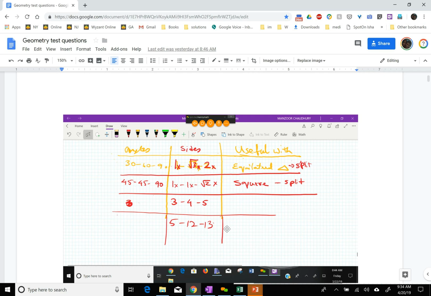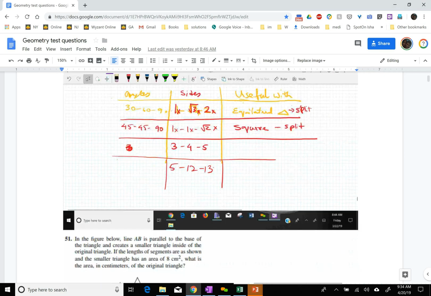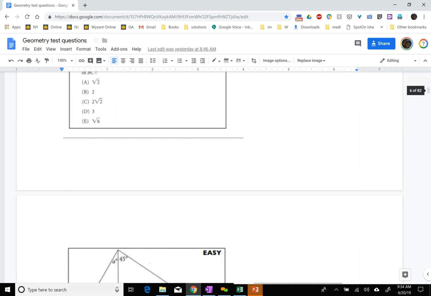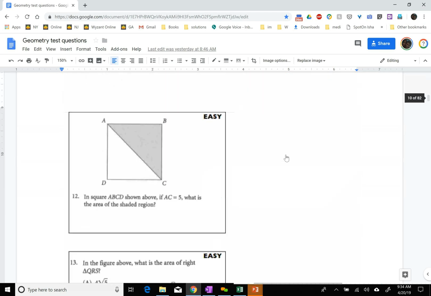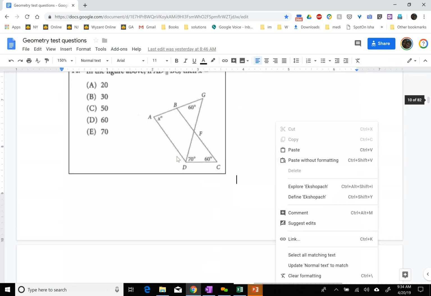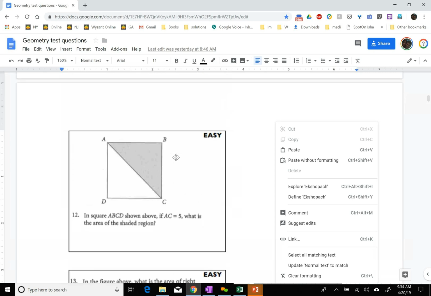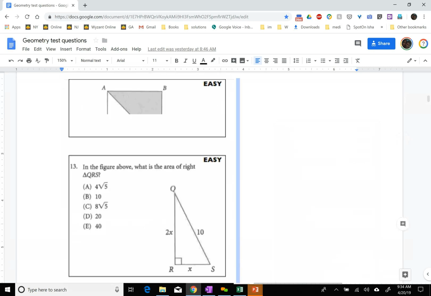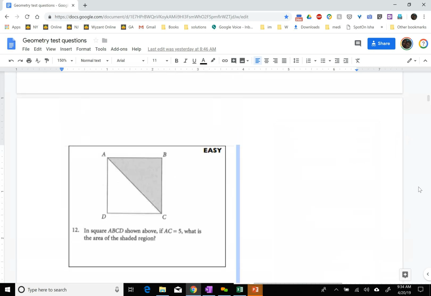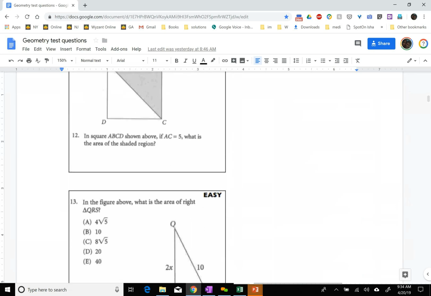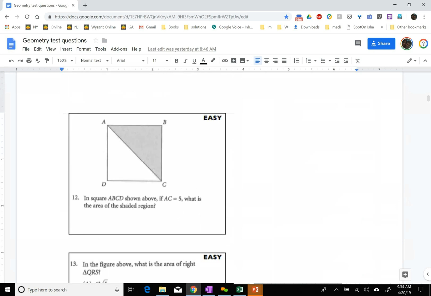So this would be C. Yep. So it would be 2. Okay, try this. You do 5 root 2.